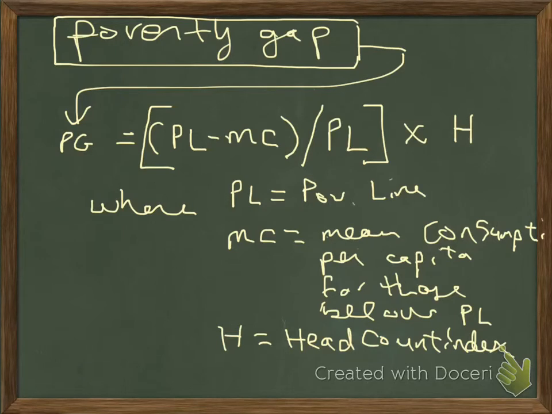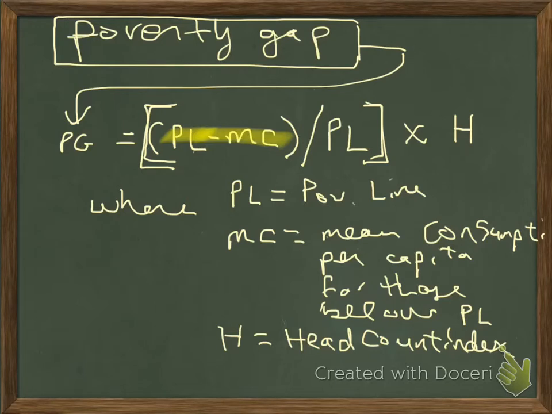Now let's go back to this up here. So you've got the poverty line minus the mean consumption per capita. Now what that means is, if the poverty line is, say, $1.25, and in your country the mean is 75 cents, you're going to subtract the difference, and then you're going to divide that by the poverty line, and you're going to get a ratio of just basically how bad that is compared to the poverty line.